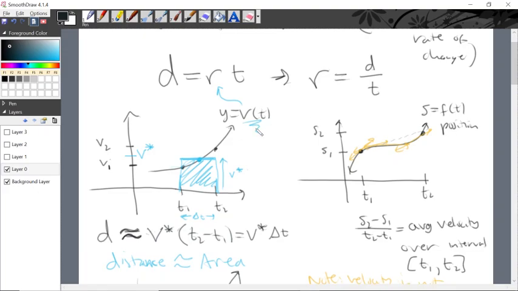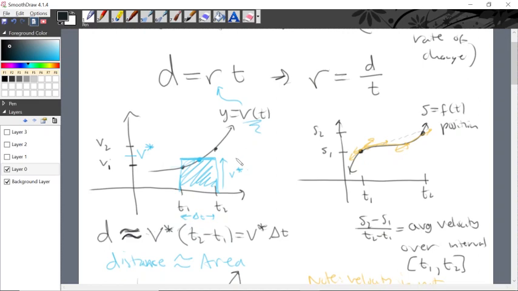So distance is in some way related to the antiderivative of velocity. And since the distance geometrically is now interpreted as the area under the curve, then the area under the curve seems to have something to do with the antiderivative of the function that defines the curve.